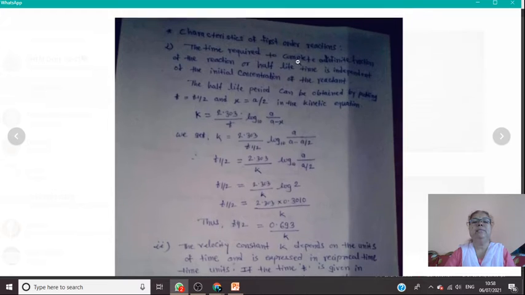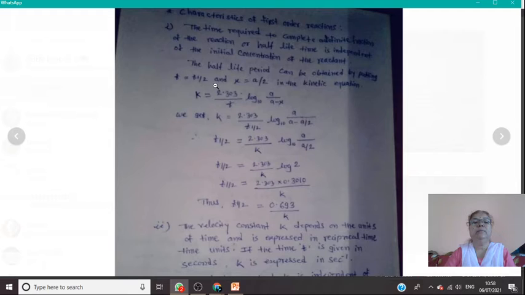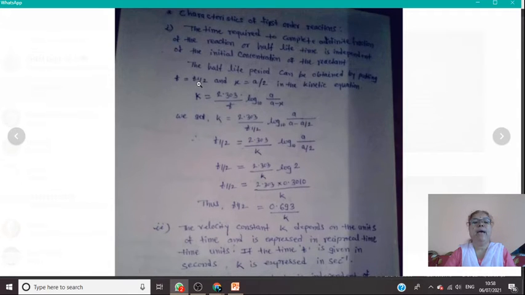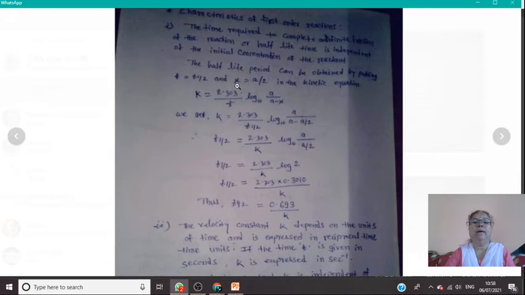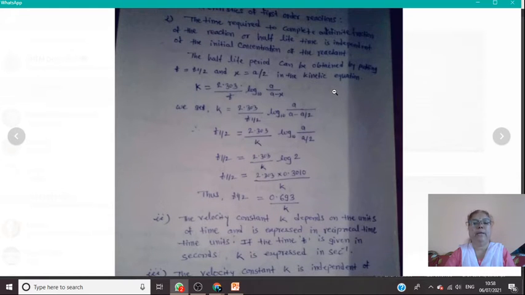I repeat, the first characteristic of first order reaction is that the time required to complete a definite fraction of the reaction or half-life time is independent of the initial concentration of reactant. This is shown by putting t as t1/2 and decrease in concentration x equal to a by 2 in the first order kinetic equation.